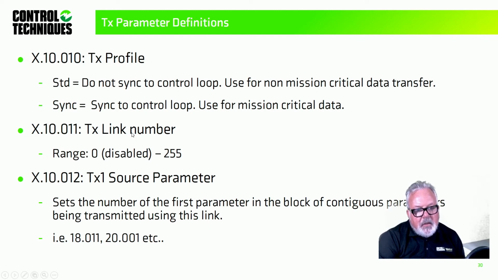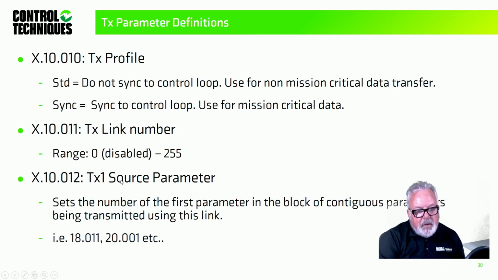Parameter 11 is the link number, right? So, generally, 0 means that the transmitted link is disabled, but you can choose any number for the link between 0 and 255. Parameter 12 is where we're going to determine the source parameter.